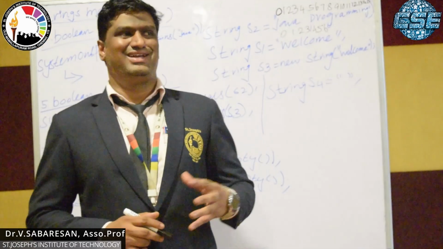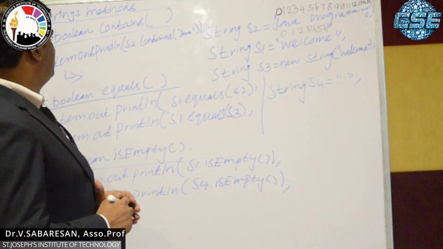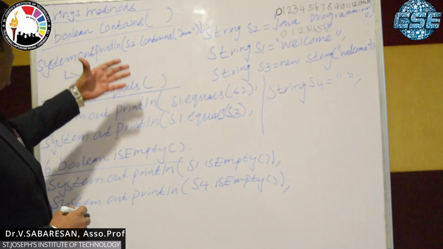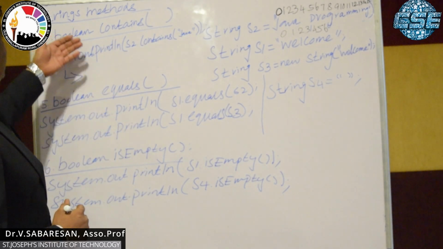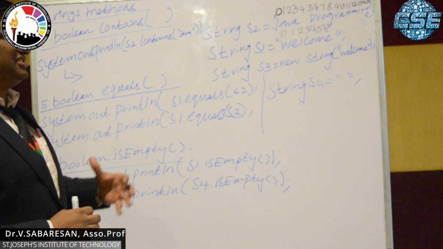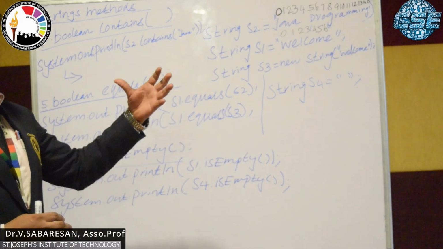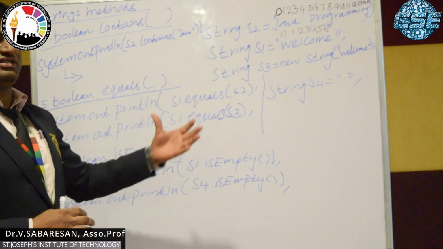Next, let me discuss the string boolean methods, which return boolean values. That's why they are referred to as boolean methods. The first method is contains. The method returns a boolean value: it checks whether the value is available, and if so returns true. If the condition is not satisfied, it returns false.